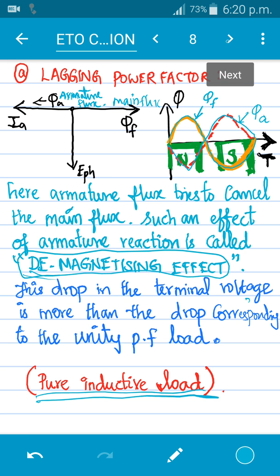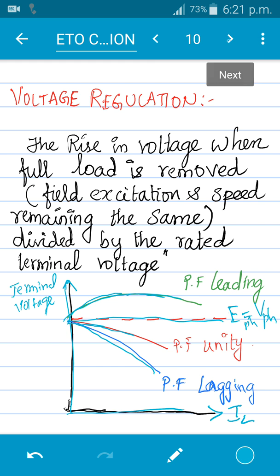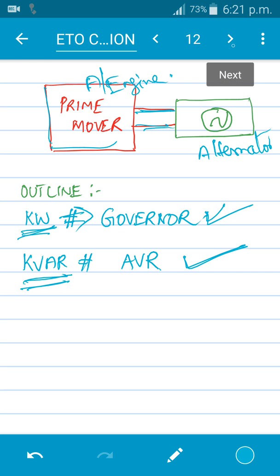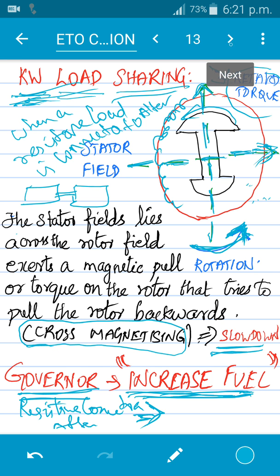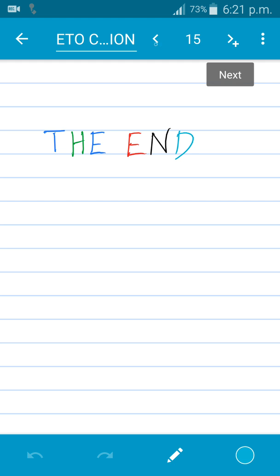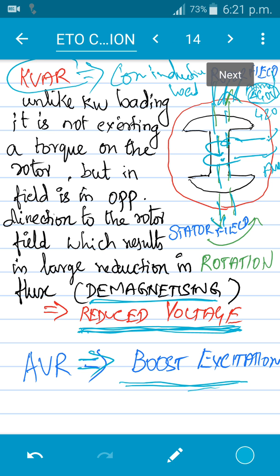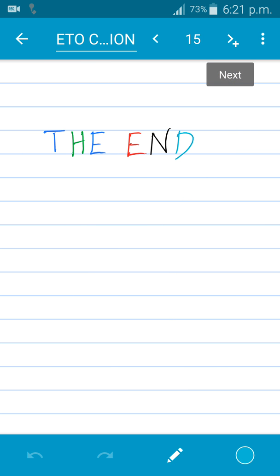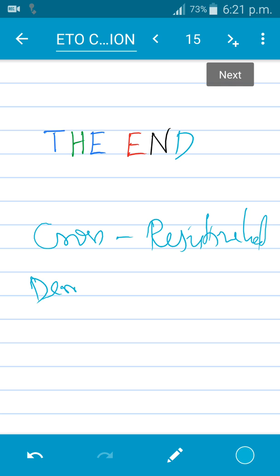When an inductive load is connected to the alternator, the demagnetization effect happens, and the magnetization effect happens when a capacitive load is connected. The three important terms the surveyor is expecting are cross magnetization for a resistive load, and demagnetization effect for an inductive load.